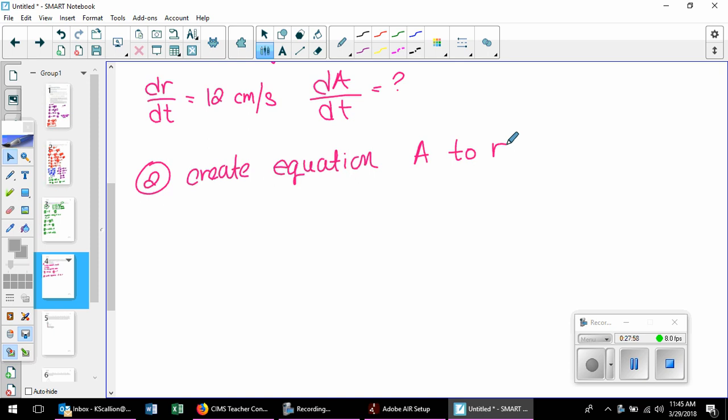That's circumference. So area is equal to pi r squared. You guys all know that, right? Like that's a given. You know that for sure. So we're going to differentiate both sides.